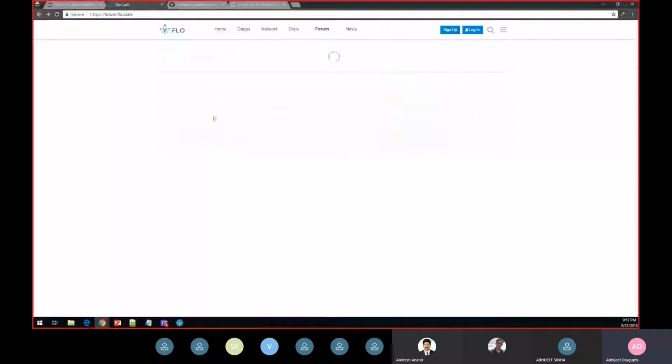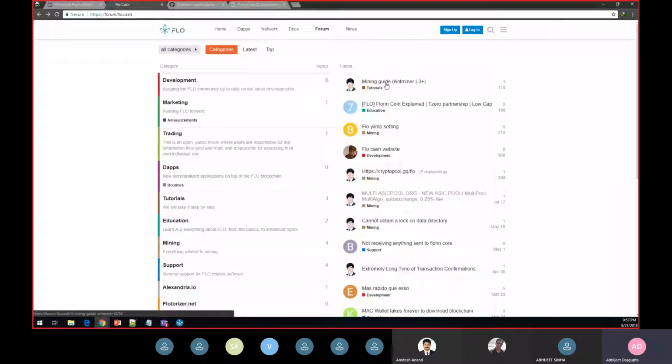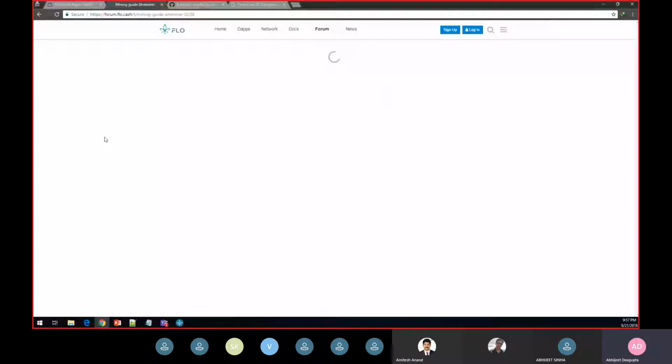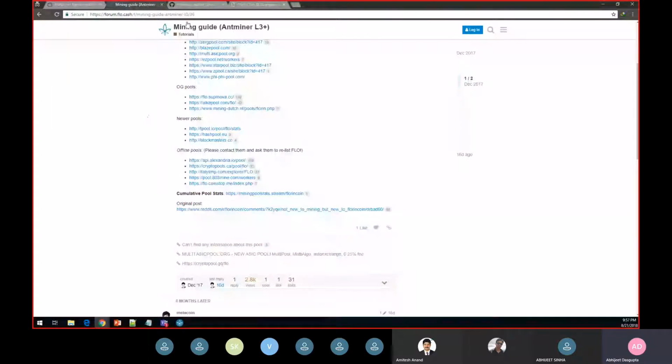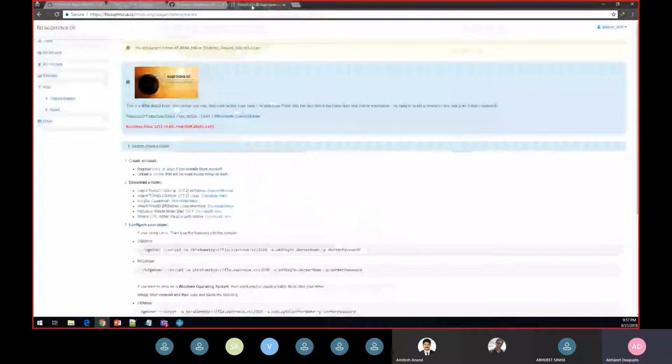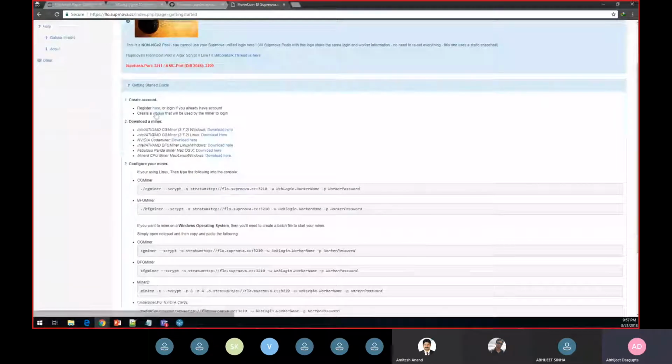If you go to this mining guide, there are lots of mining pools available, like flow.supernova, AIK pool, and so on. So you can use any pool of your choice. I'm just using Fluorine Coin and Supernova. What you need to do here is create an account by registering and create a worker.